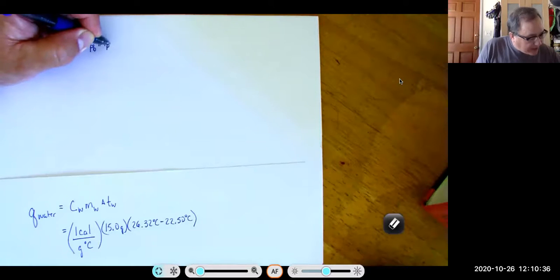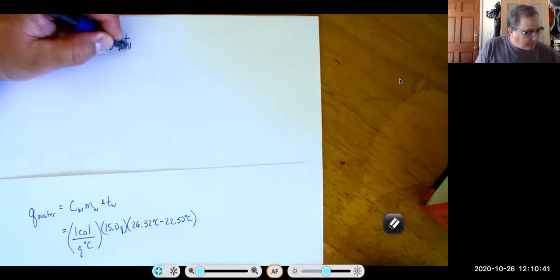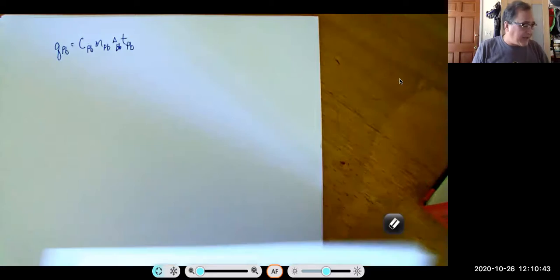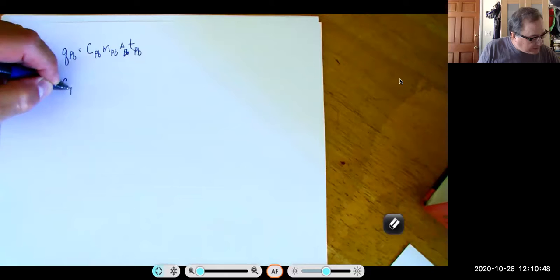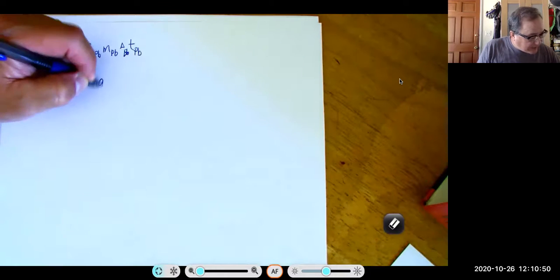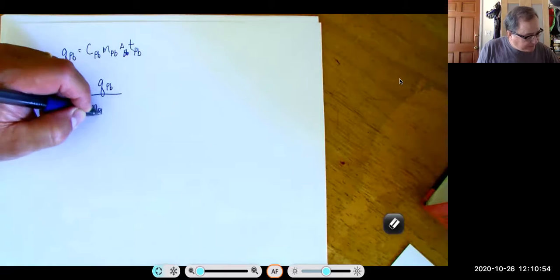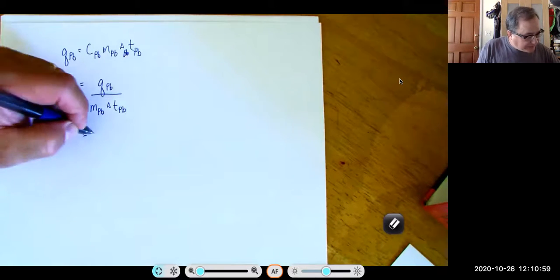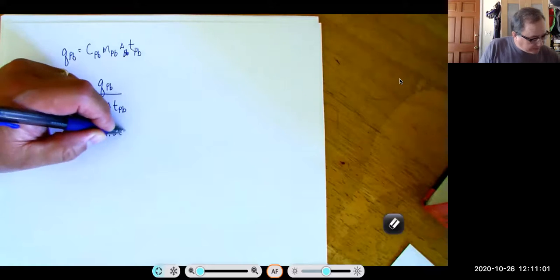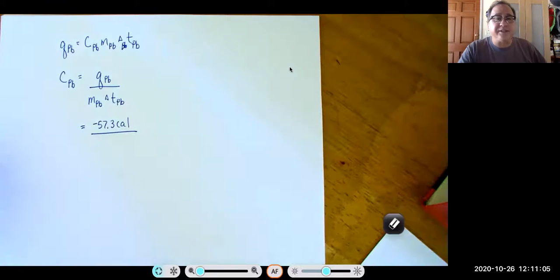Now notice I am putting lead down for each of these things because they are not the same as they are for water. So here we get the heat capacity of the lead is going to be the Q of the lead over the mass of the lead times the change in temp of the lead. And in this case, it's minus 57.3 calories. And the mass of the lead, according to the problem, is, I'm looking at the problem real quick.